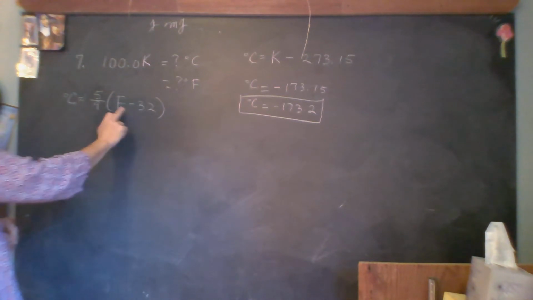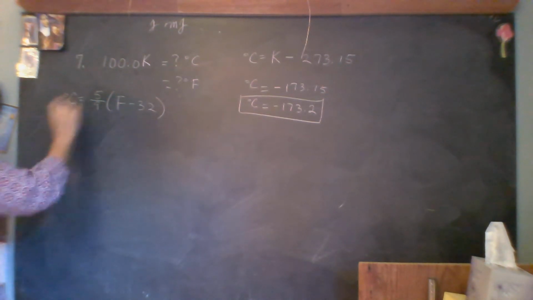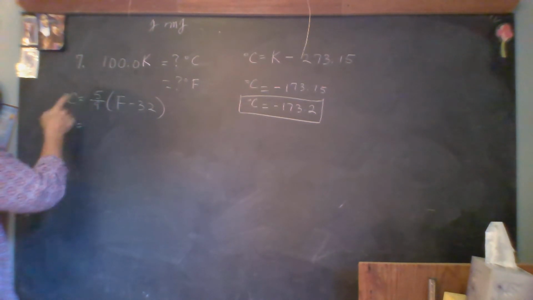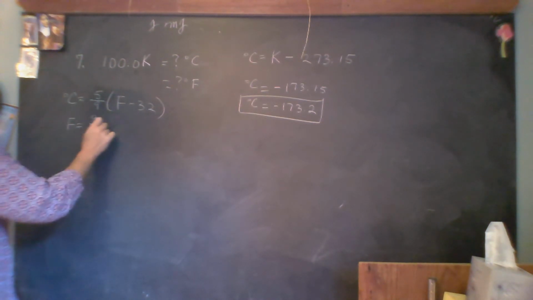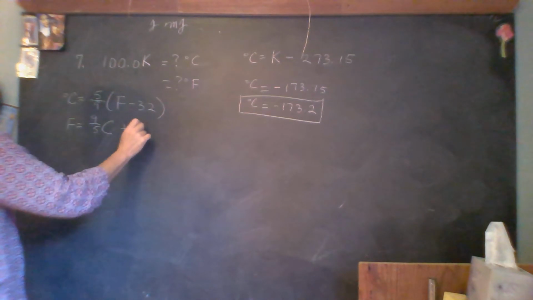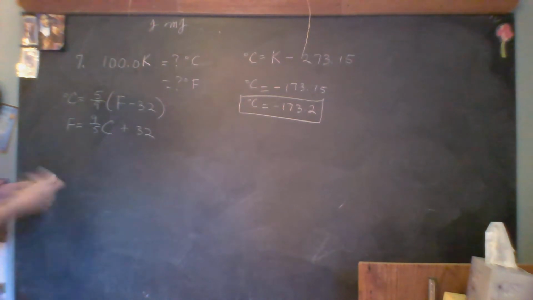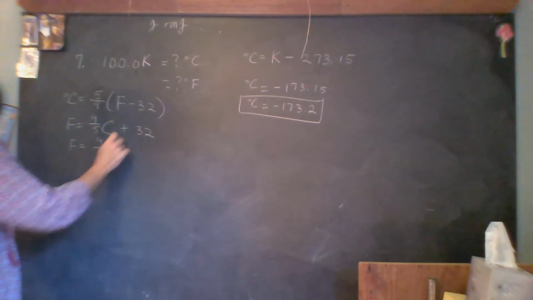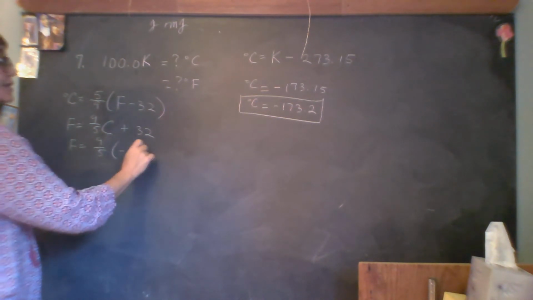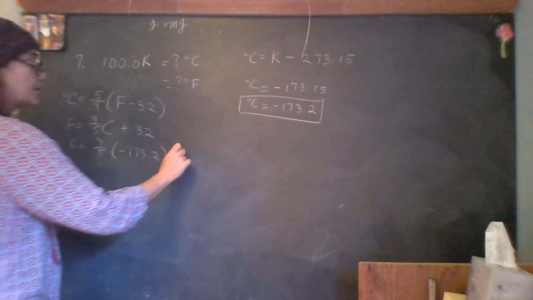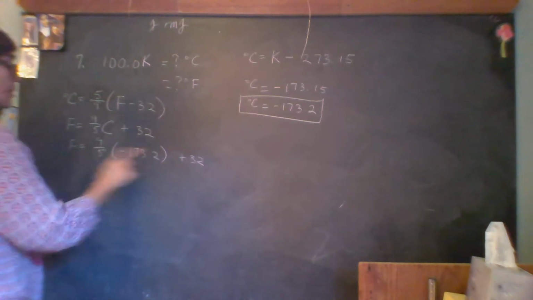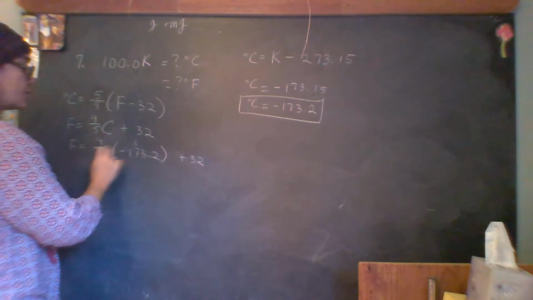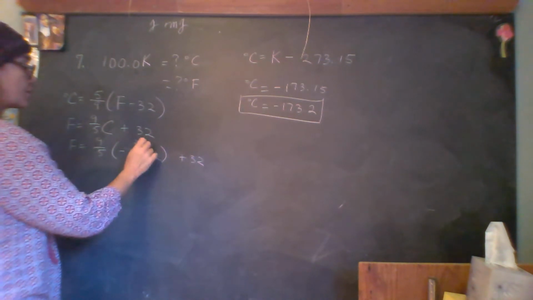So to rearrange it, Fahrenheit multiplied by 9/5 is 9/5 Celsius plus 32, right? So Fahrenheit is going to be 9/5 times negative 173.2 plus 32.